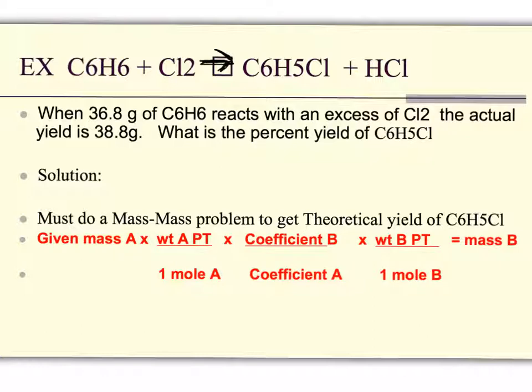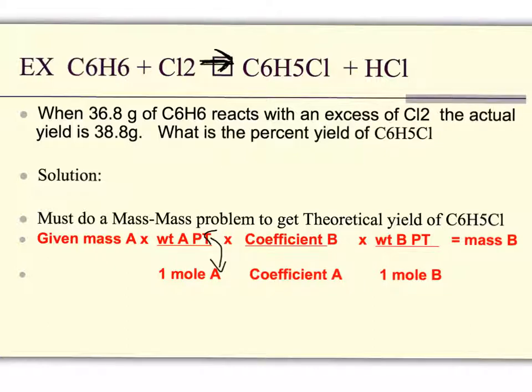In this example, we have 36.8 grams of C6H6 that will be identified as chemical A, and we have 38.8 grams of C6H5Cl as our actual that we'll set aside, so C6H5Cl will be chemical B.